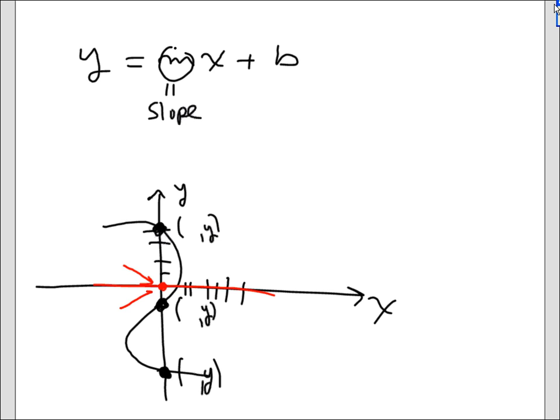The x value right there is 0. When I look straight down at this point, I see 0 for x. When I look straight up at this point, I see good old 0 for x. For this point, the only number I see is 0. Every time you cross the y-axis, the other letter is 0.